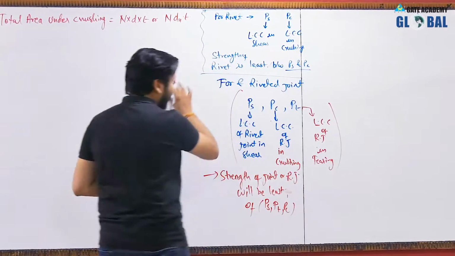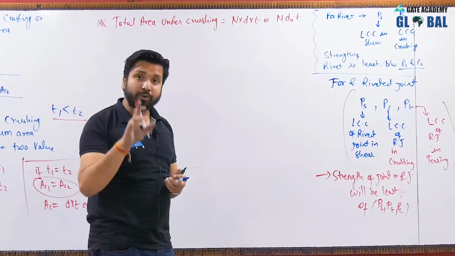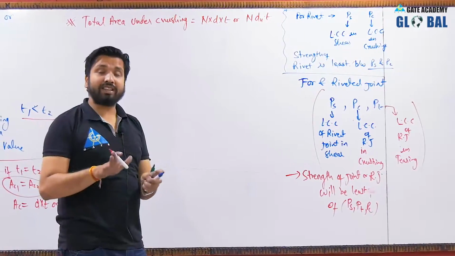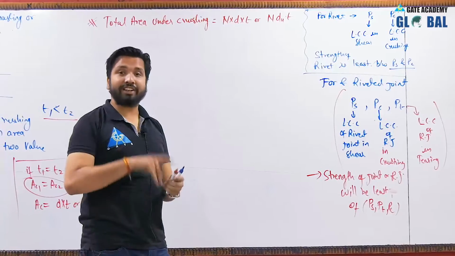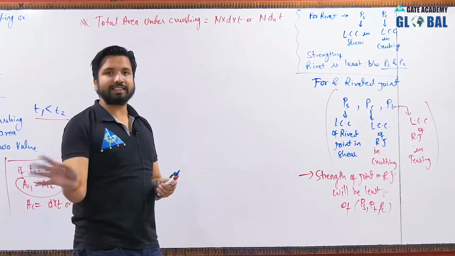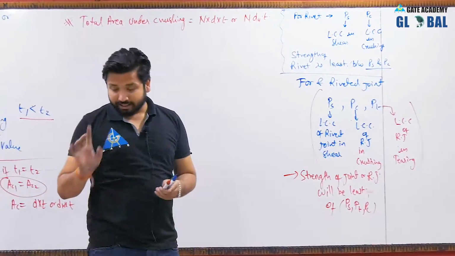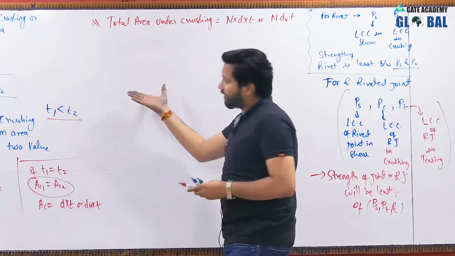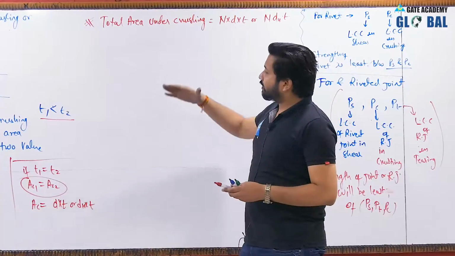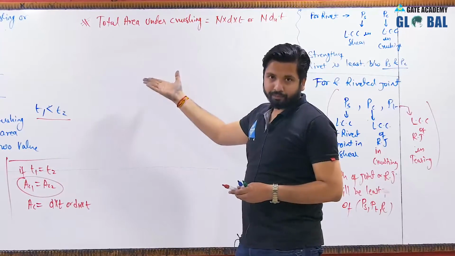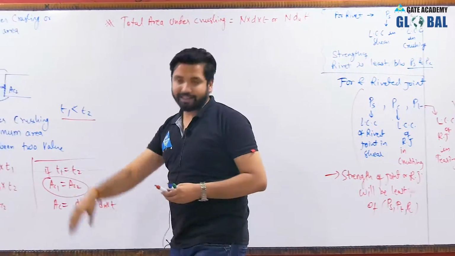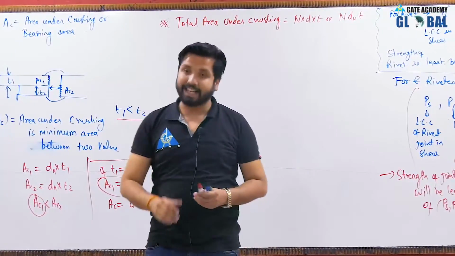This is very important to understand, and in this question it is not asking for the riveted joint, it is asking for rivets. It is not asking for riveted joints, and the calculation of the crushing load, that is the permissible crushing load, will be based on the diameter of rivets only, and diameter of rivets is 10 mm.